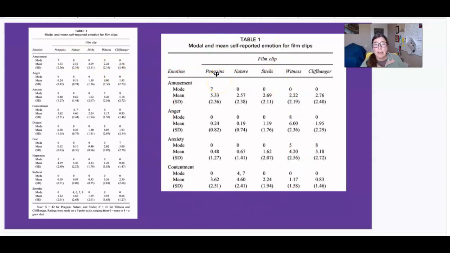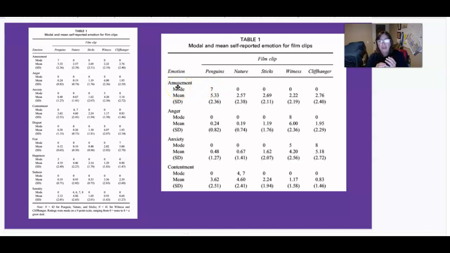So we can see that the penguin film got a high rating for amusement. 7 is the mode, the answer that was listed most frequently. So there were 104 participants, maybe 30 of them watched the Penguin movie.